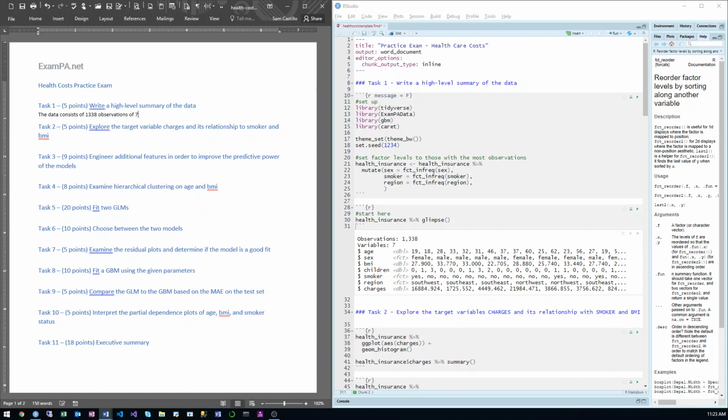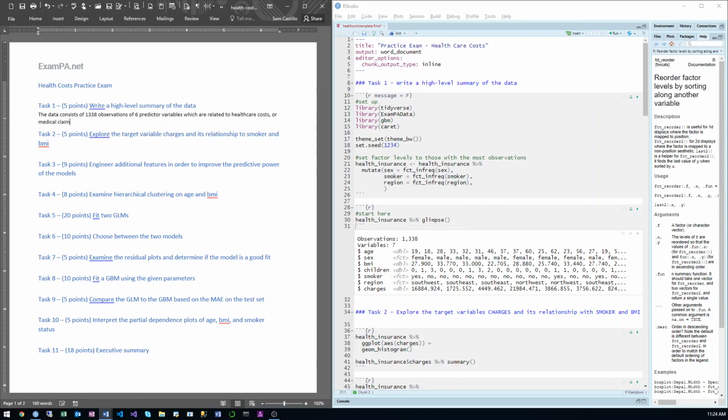Well, there are 6 predictor variables, which are related to the person's health care costs or medical claims. The target is the annual medical costs for a policy.